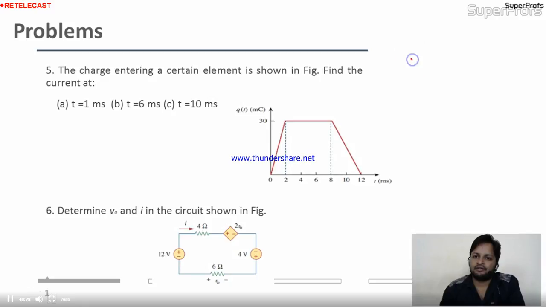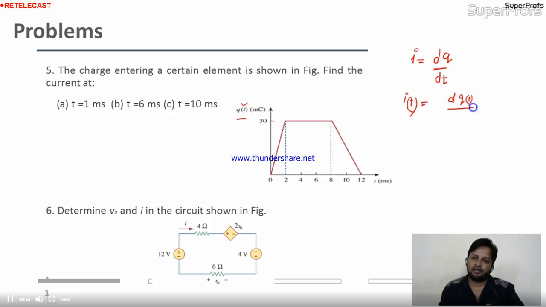As we know, current i is nothing but dq by dt. The rate of change of charge is nothing but current. So we have q. So can we find out the value of i, current? This is a time dependent quantity, so my current will also be i(t) equal to dq(t) by dt.